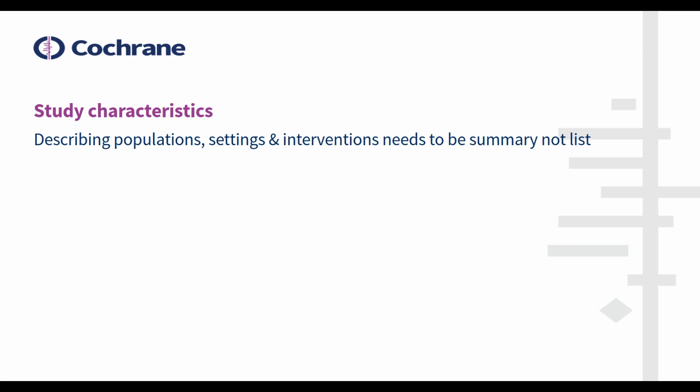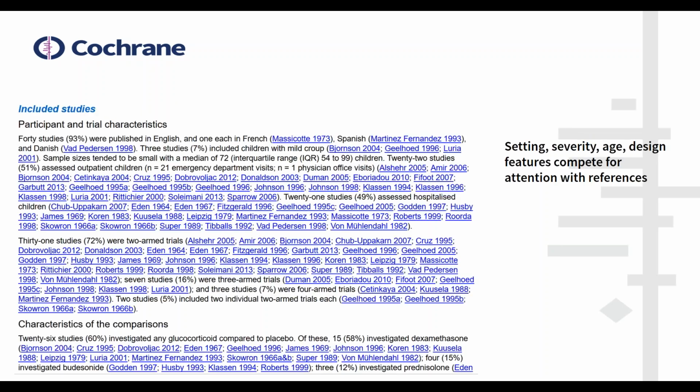So this is an example from a published review. I was thinking about what are the things that, when my team and I are reading a review, make our heart sink a little bit. And this is probably a consequence of the way that Cochrane has approached referencing of all things.